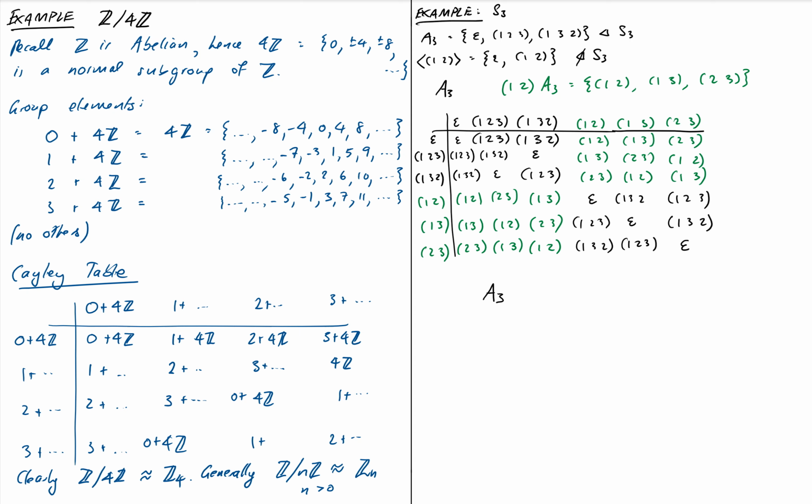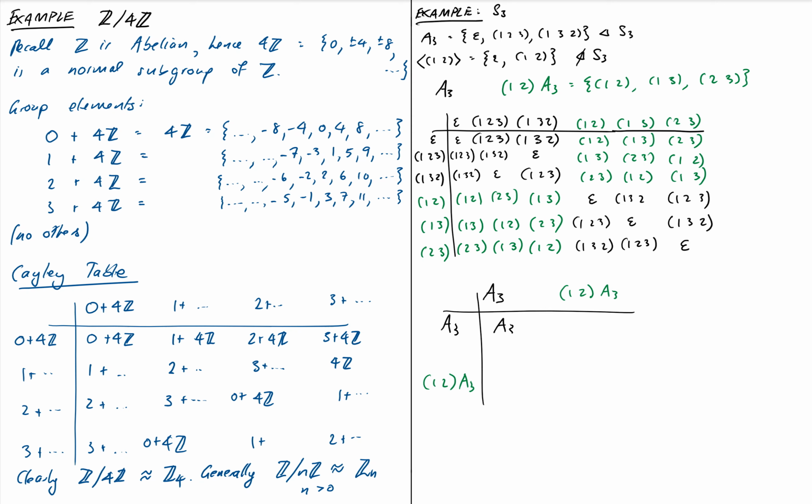So if we were to squint, then what we're basically seeing is this Cayley table here, A3, and here's our coset, (1 2)A3. Now if I draw the Cayley table of the quotient group, then essentially I'm seeing this pattern reflected in my bigger Cayley table here.